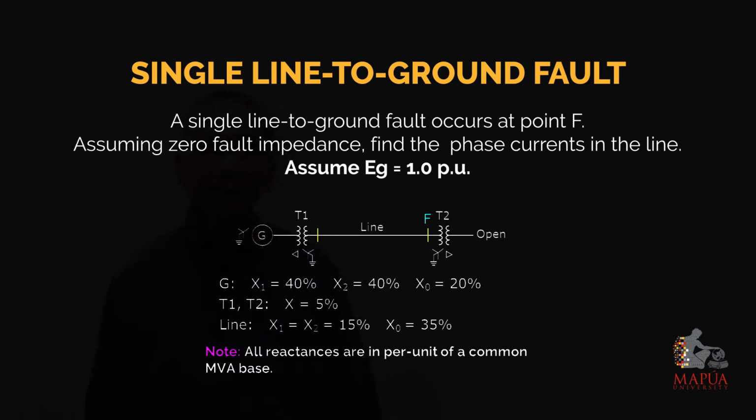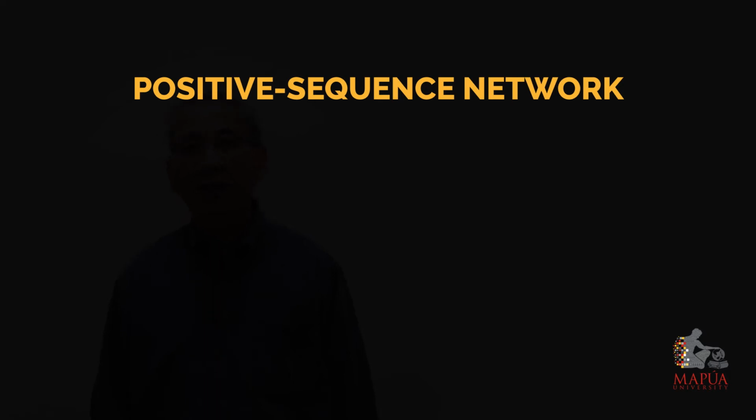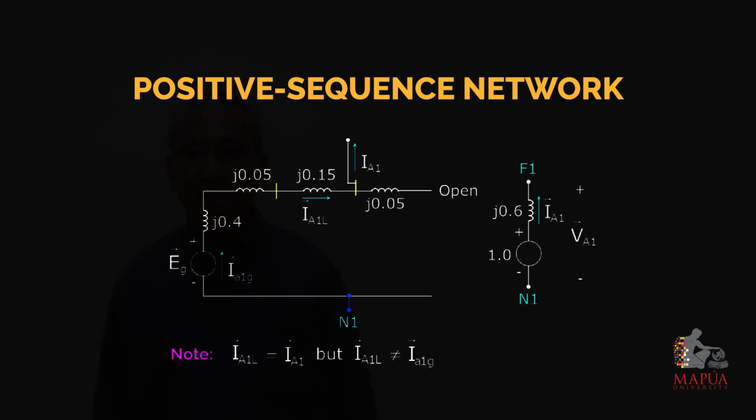Now, considering the location of the faulted point, we can redraw the positive sequence network following this one-line diagram. So this represents the positive sequence network. We just place there the positive sequence reactances, likewise the generator, and indicate the location of the faulted point.